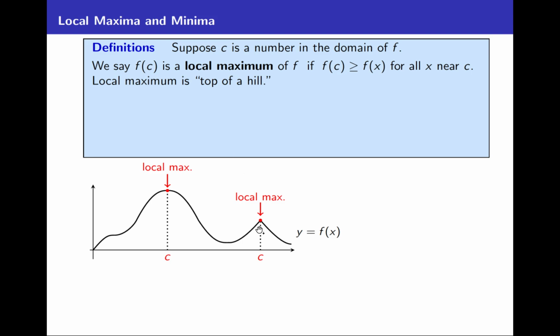We call them local maximums because they may not be the highest value of the function, but they're higher than nearby points. Locally, they're the highest. This is not the highest point on the function. Instead, it's over here. But still, we call this a local maximum.